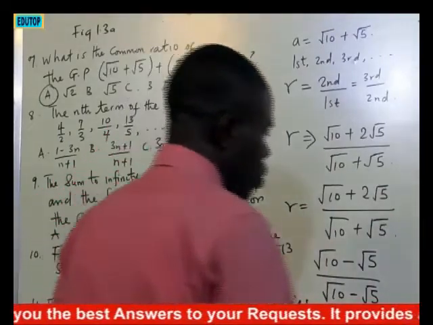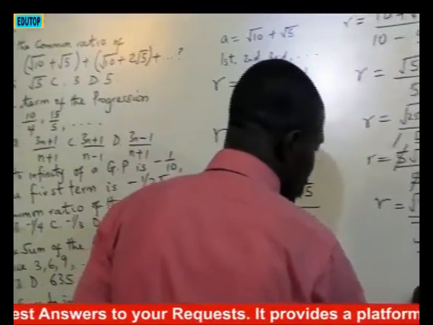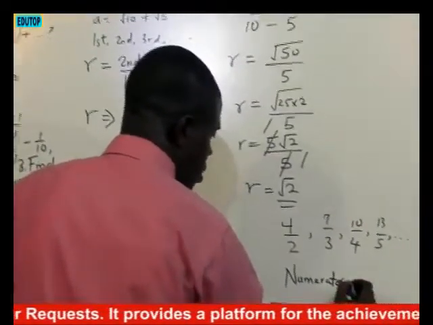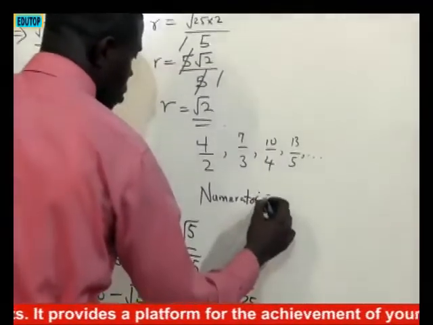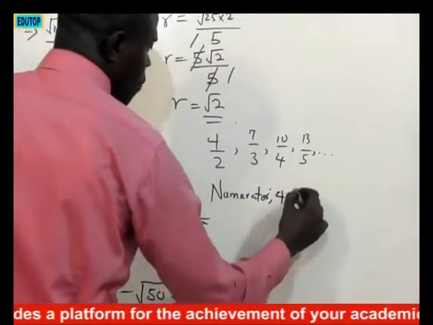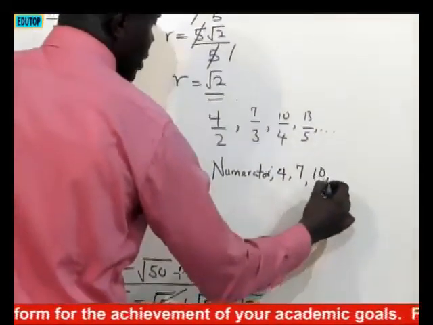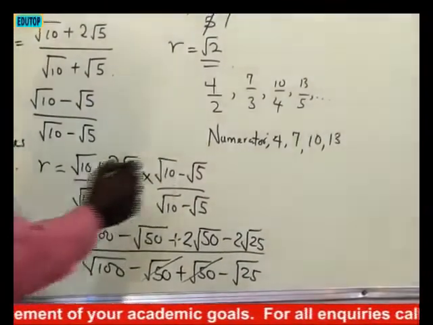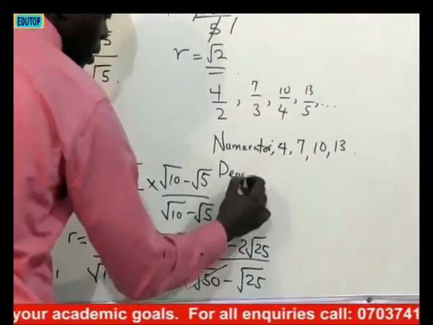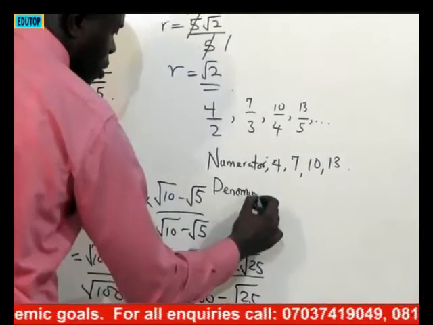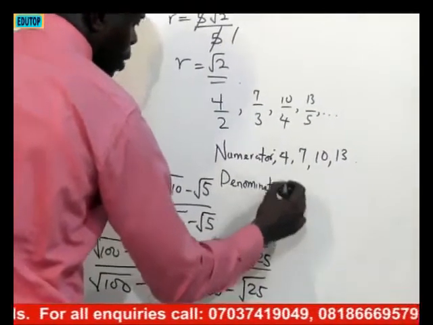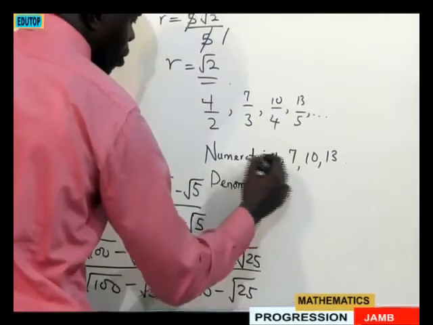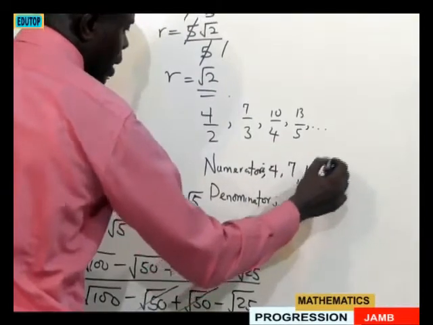Let's consider the numerator. What is happening in the numerator? Numerator has 4, 7, 10, 13.